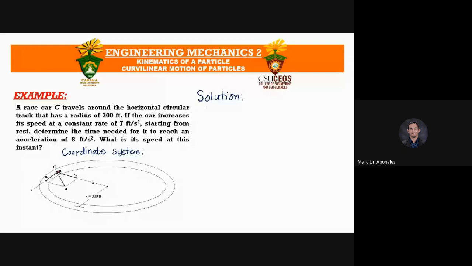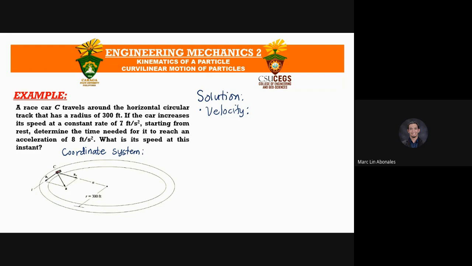So this will be considered as our coordinate system. Next is for the velocity. If you notice in the problem, we are not given the value of the velocity, compared to the first problem that we solved. But it is stated here in the second statement that the car increases its speed at a constant rate of 7 feet per second squared.